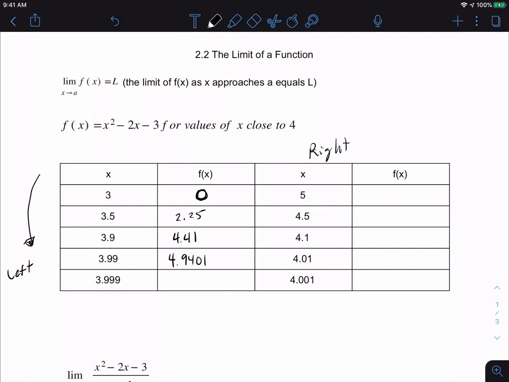And then 3.999 is going to give me 4.994001. Well, where do you think this is going? What value do you think this is approaching? 5. It looks like it's approaching 5, right? So it looks like this thing is approaching a y value of 5, right?